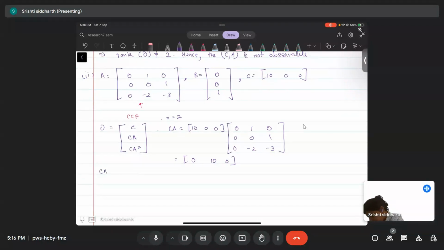And CA square is simply 0, 10, 0 times the A matrix again. This multiplication means that we are extracting this row and multiplying it by 10, right? So this is 0, 0, 10.